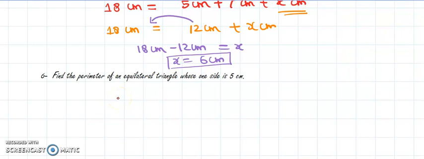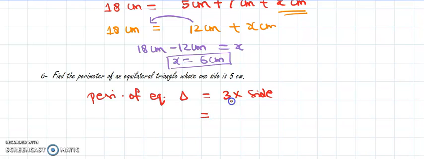As you all know that an equilateral triangle is a type of triangle in which all the sides are of equal length. So you have to remember the perimeter of equilateral triangle is having the formula as 3 into side. So the value of the side, you can see it is given as 5 centimeter.